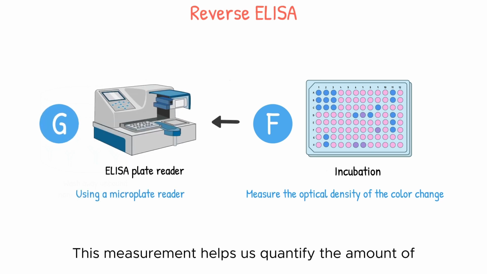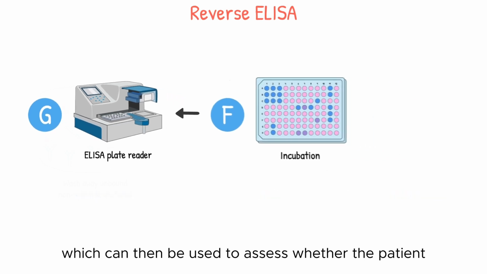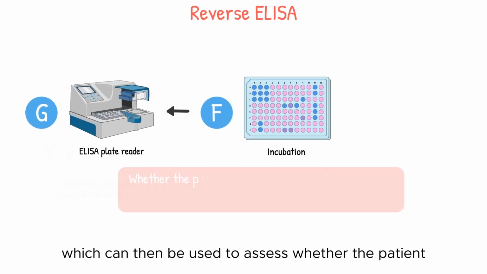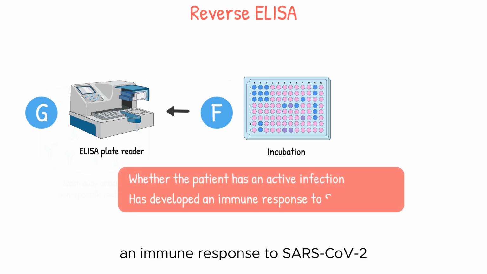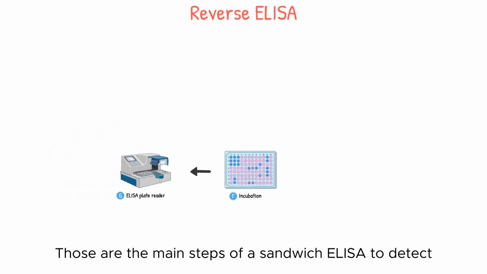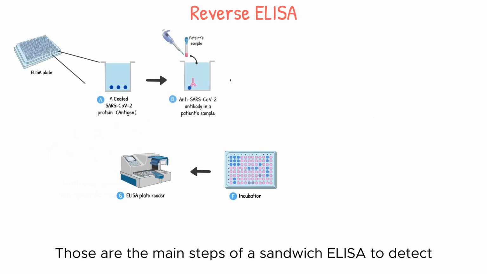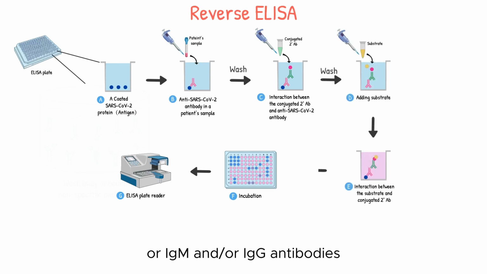This measurement helps us quantify the amount of the target molecule in the patient's sample, which can be used to assess whether the patient has an active infection or has developed an immune response to SARS-CoV-2. And that's it. Those are the main steps of a reverse ELISA to detect SARS-CoV-2 using viral antigens or IgM and/or IgG antibodies.